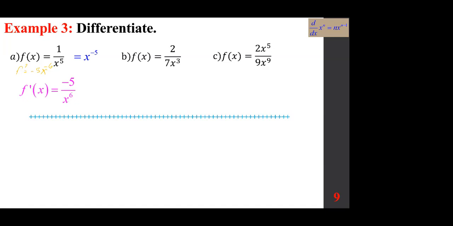Part B, I want to rewrite that such that I can use the power rule. So what should I do? We would rewrite it as 2/7 x to the power of -3. If we can see that, practically we are done.